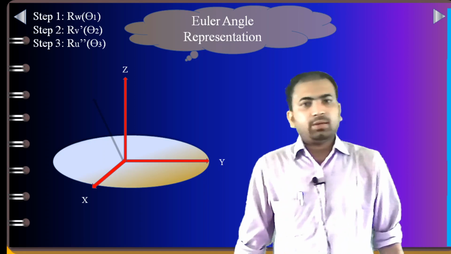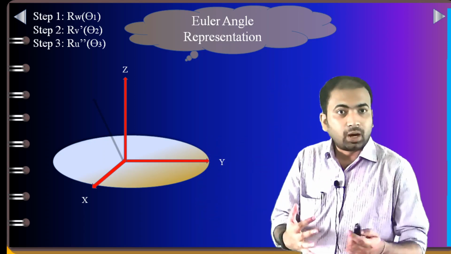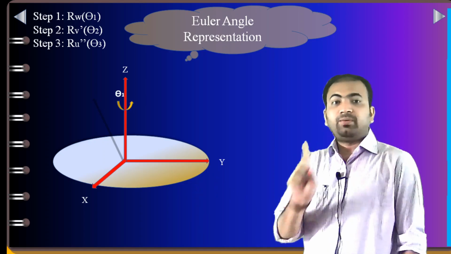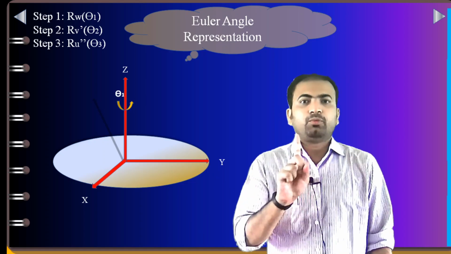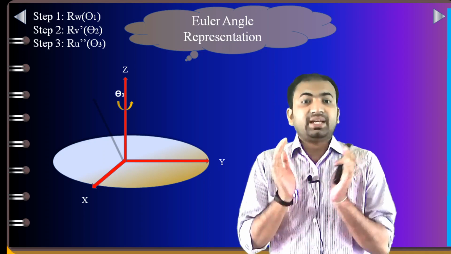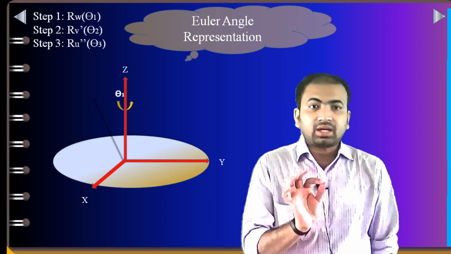Now like the previous case, we have considered one frame, which is frame 1, lying on a plane. Then our first work is what? Step 1 is we have to rotate the frame about the z axis or w axis by an angle theta 1.